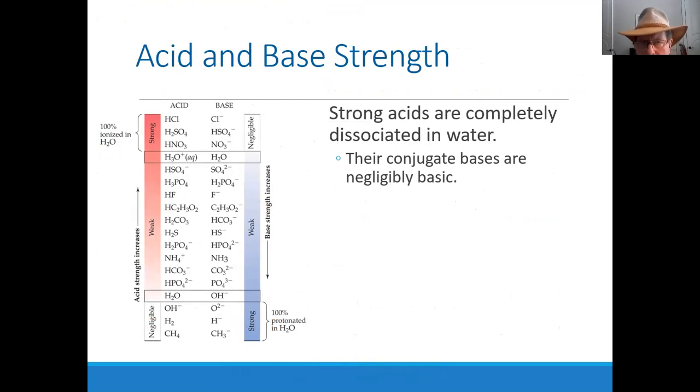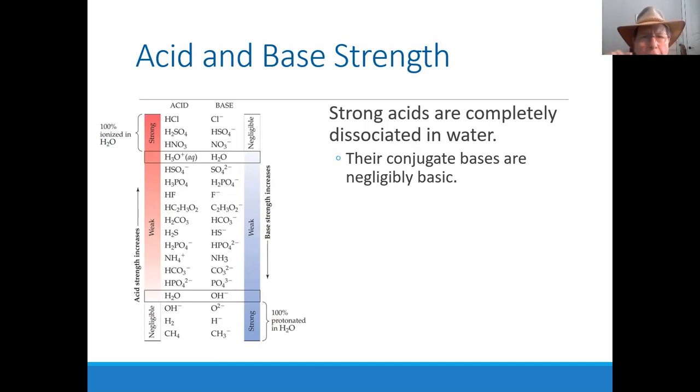All right. Strong acids. I'll give you a list of those later on, but strong acids completely dissociate in water. In other words, if I have HCl and I add water to that, it is not in equilibrium. HCl plus water goes completely to make H3O plus and Cl minus.